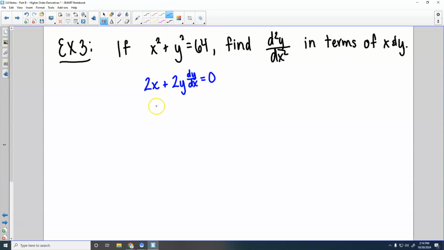And so we will move that 2x to the other side: 2y dy/dx equals negative 2x. We'll divide by 2y, and dy/dx will equal just negative x over y.